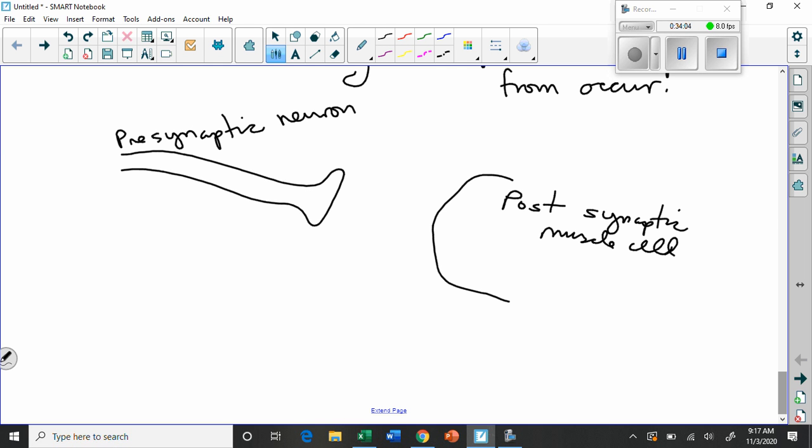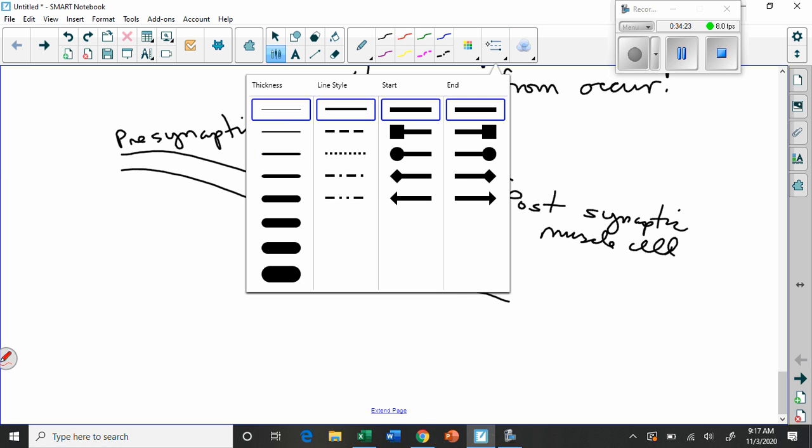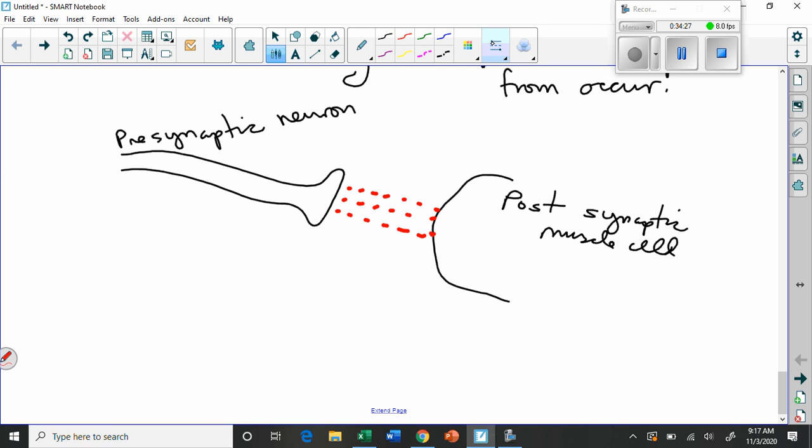So, if you have this neurotransmitter floating across here, when it lands on the receptors of this muscle cell, it might cause an excitatory response. It might make the muscle contract, right? Or cause something to happen. So that's going to be the excitatory.